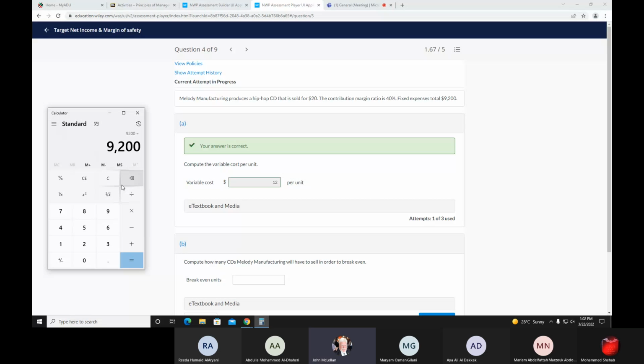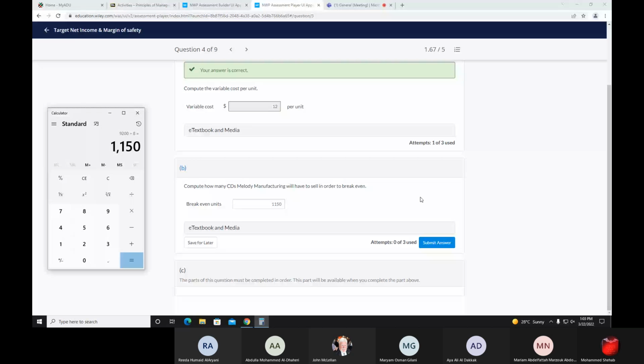They want to know the number of units, so I need the unit contribution margin. If I know what the sales are, and I know what the variable costs are, what's the contribution margin? Fixed cost divided by that. Yeah, 8. So divide the fixed cost by 8, and you get the number of units to break even. 1,150? Okay, try that.